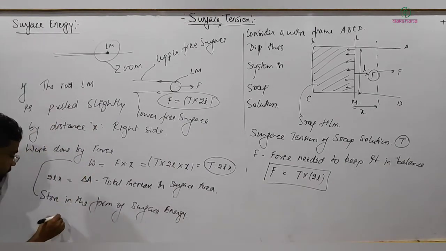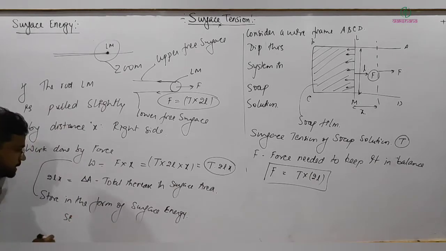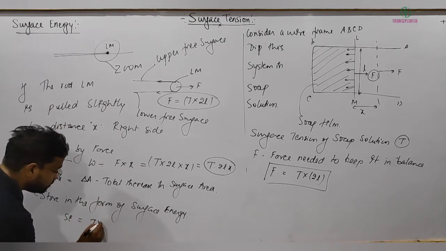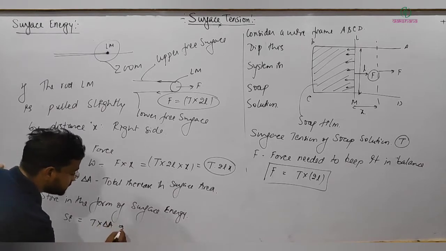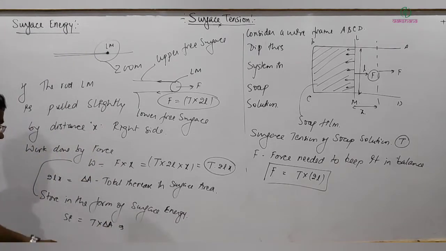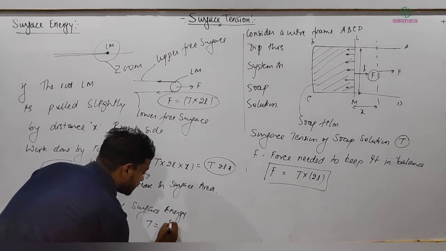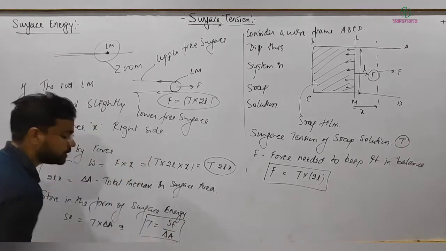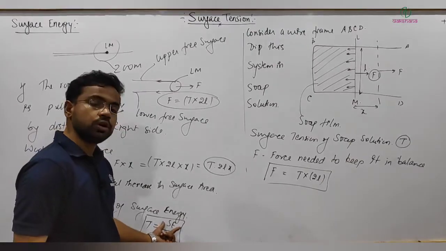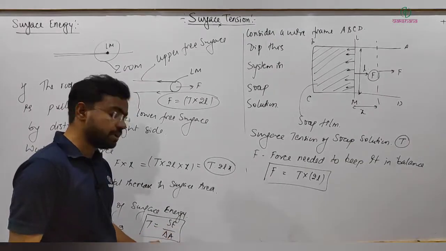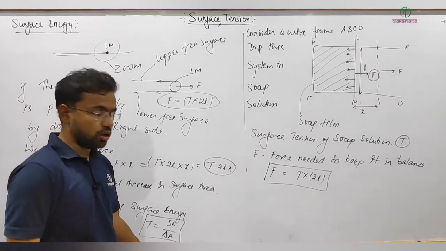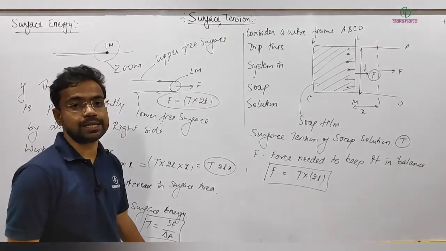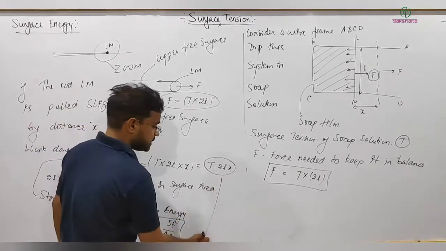So the work done, or let me write it as surface energy, is equal to T multiplied by delta A, and this implies surface tension can be written as surface energy divided by delta A. So tension can also be written as surface energy per unit area, right? The amount of surface energy required to increase the area by unity is also called surface tension.